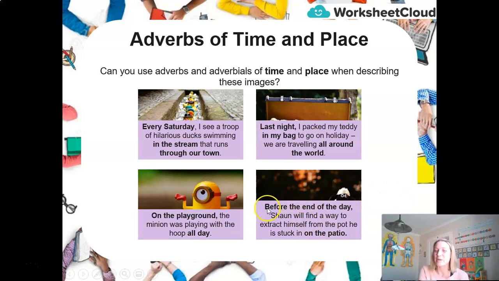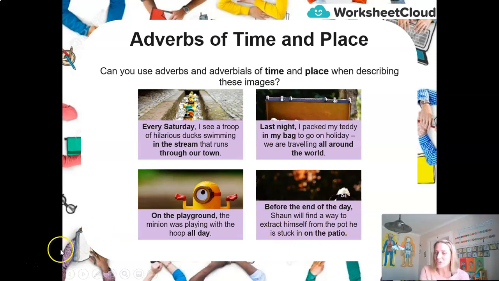Again, this time I have introduced my sentence with an adverbial. This time it is of time. It's telling me when, before the end of the day. And I end with my place adverbial, on the patio.